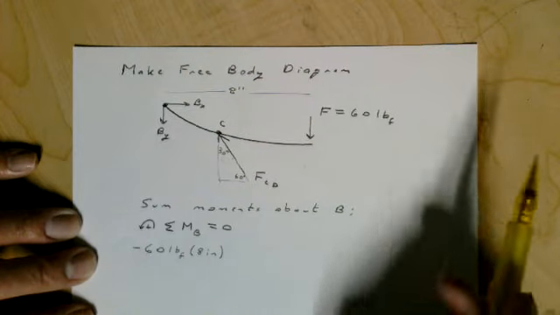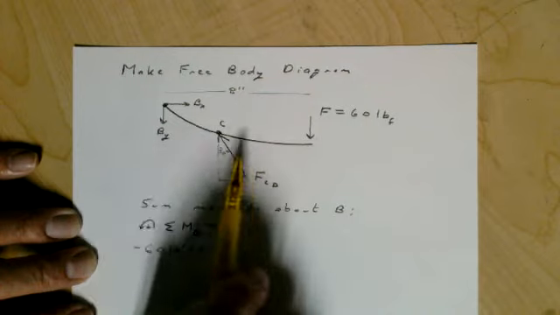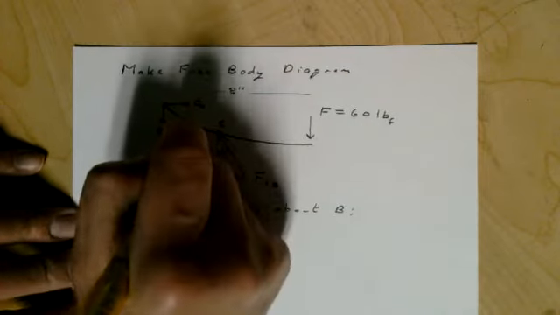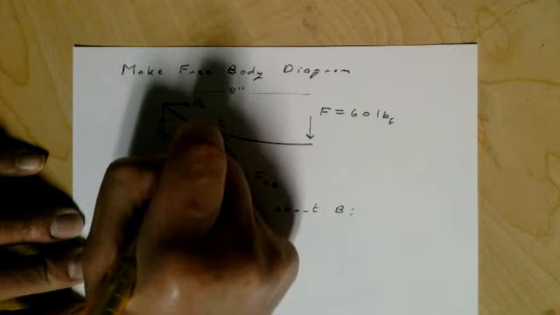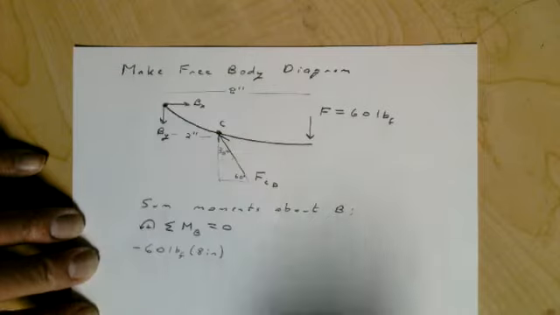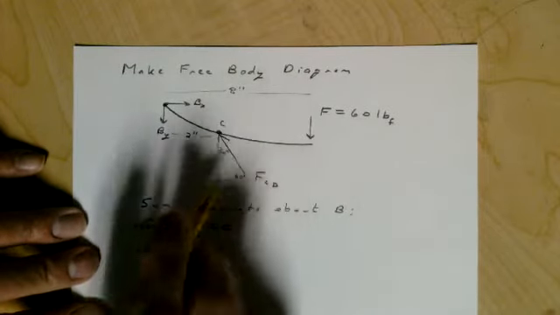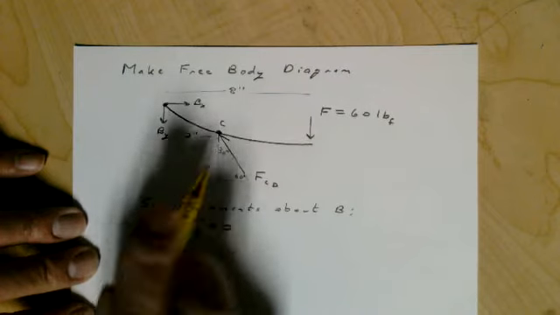And then we're going to have this force here. Now, if you look at the picture, it's going to be 2 inches from here to here. And we're going to need this force here.